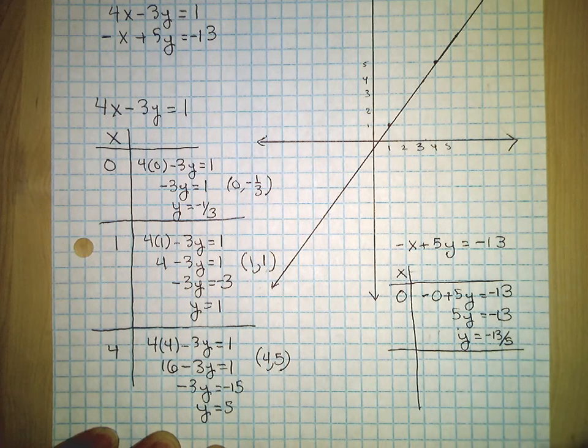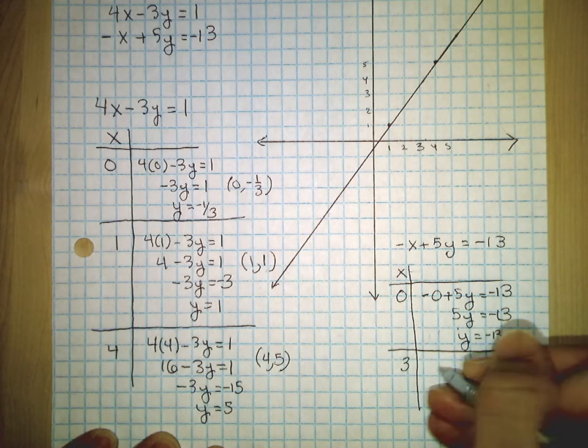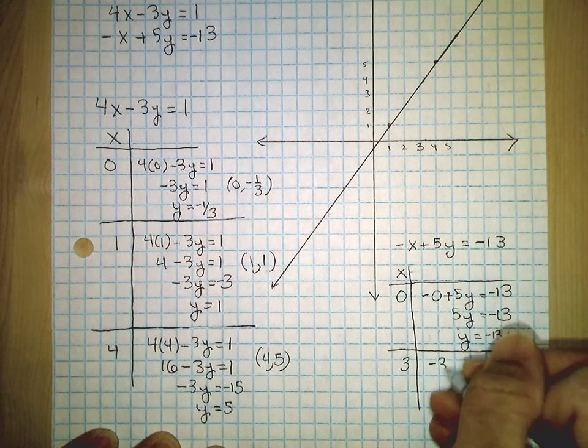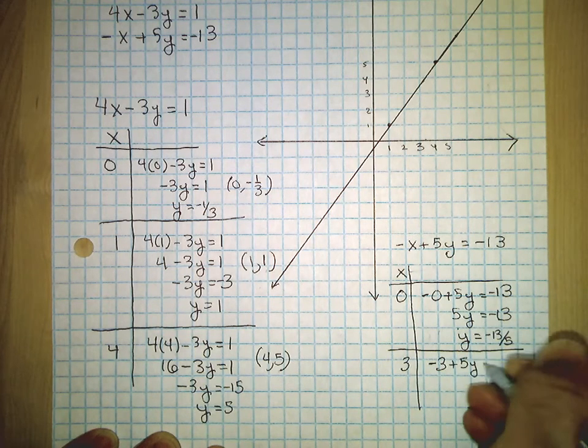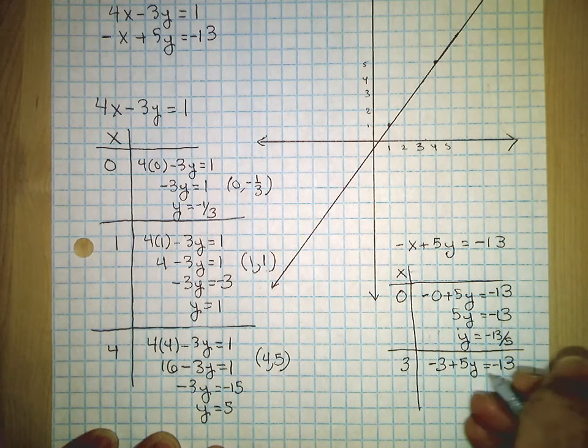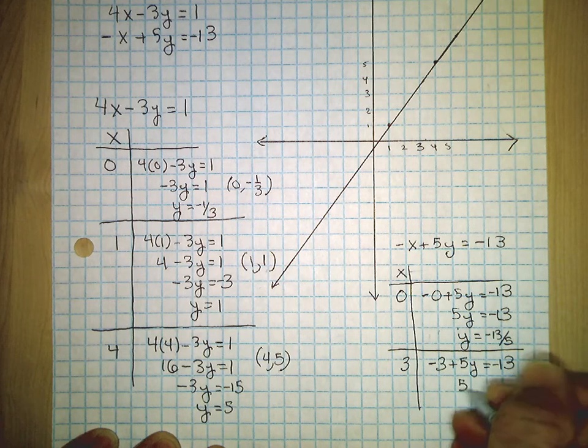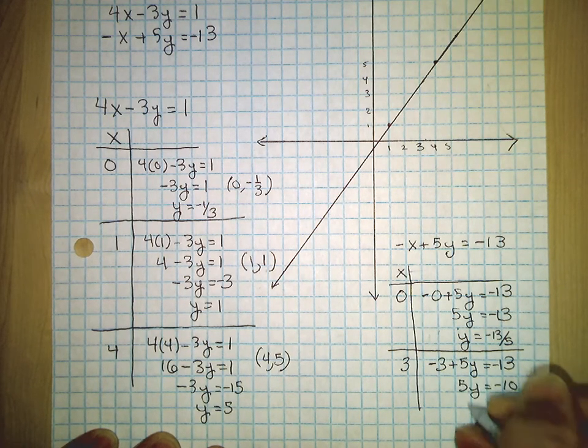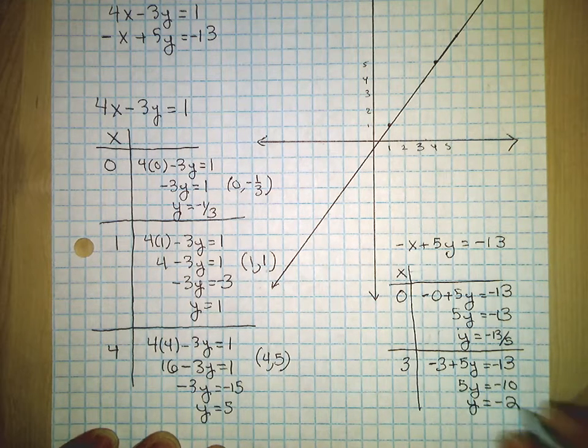Again, I probably want to have numbers that are not fractions. So let's go with 3. So negative 3 plus 5y is negative 13. I'll add the 3 to get 5y is negative 10. So y is negative 2.